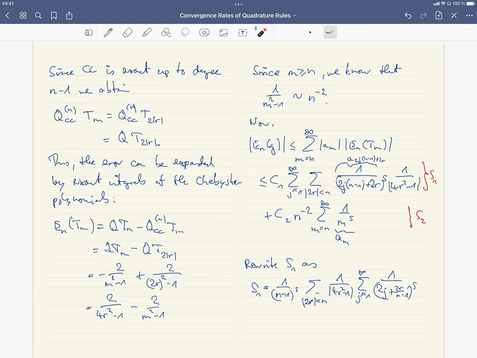I've done nothing but take out the 1 over n minus 1 to the power s out of all of the other terms, and I've rearranged the sums that are down here.